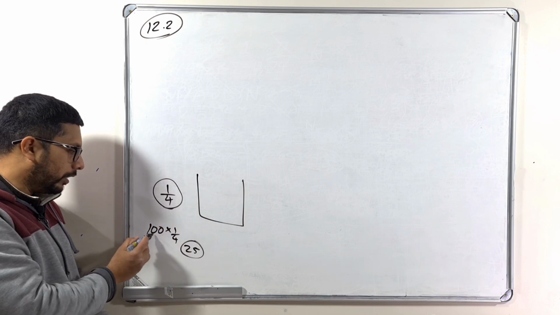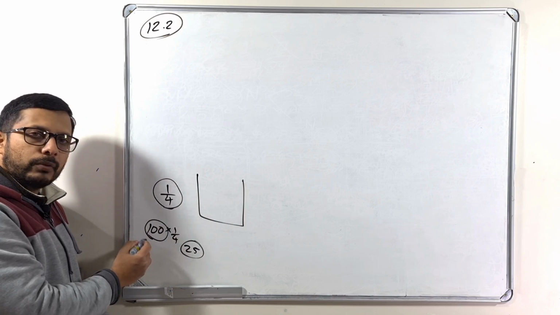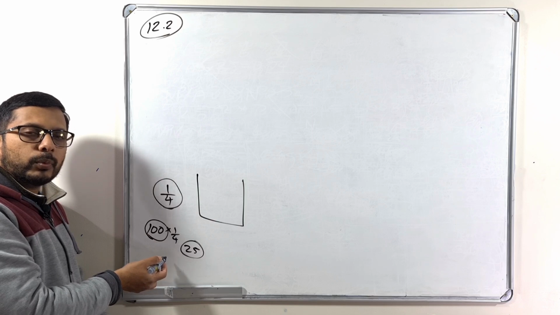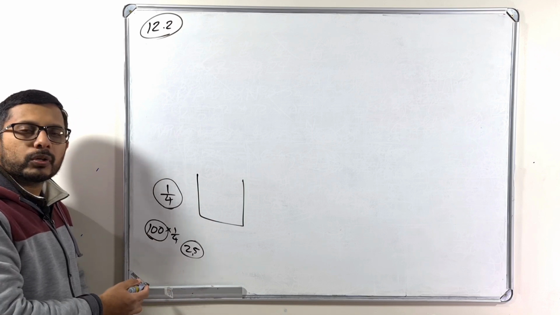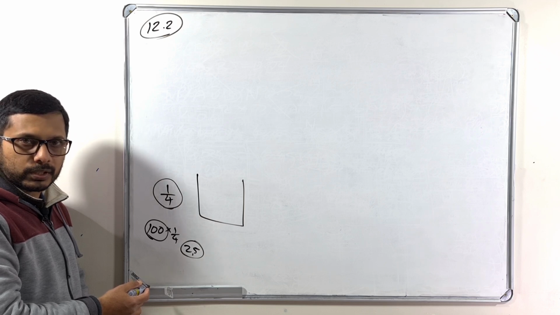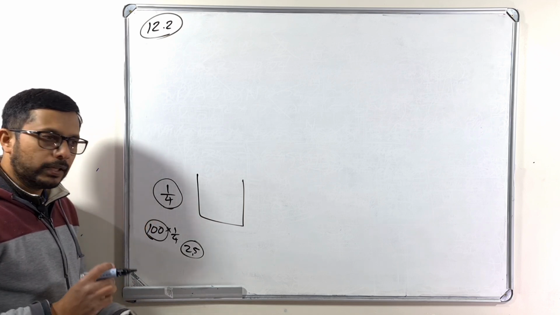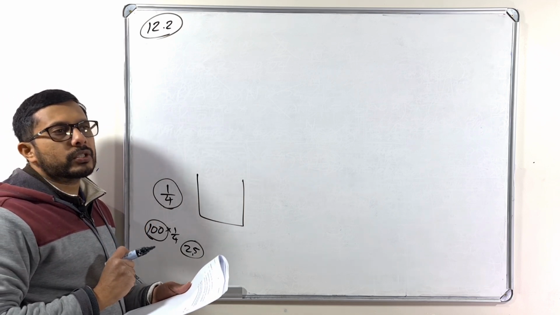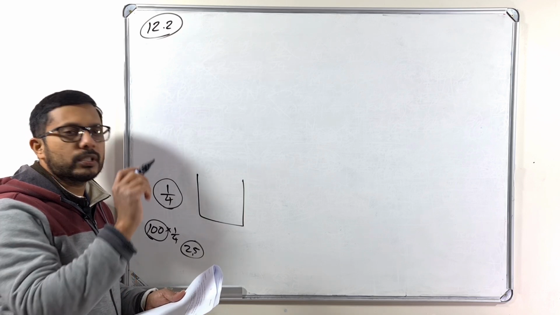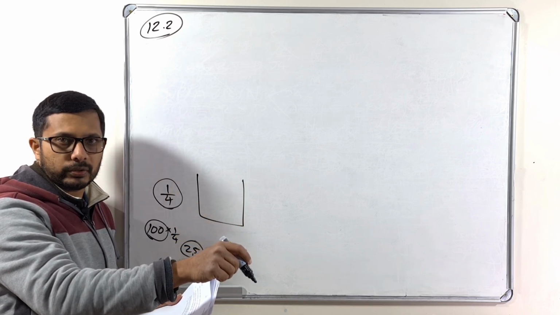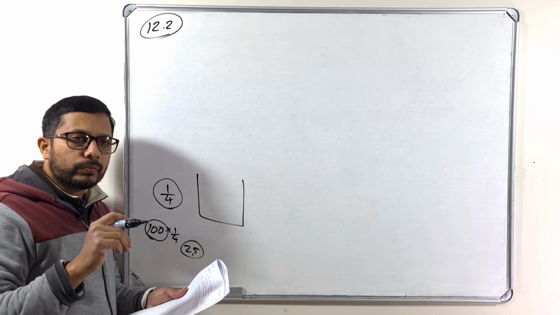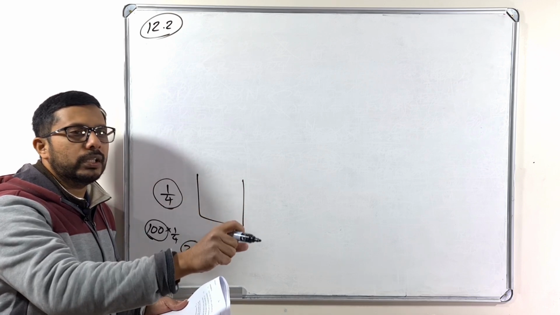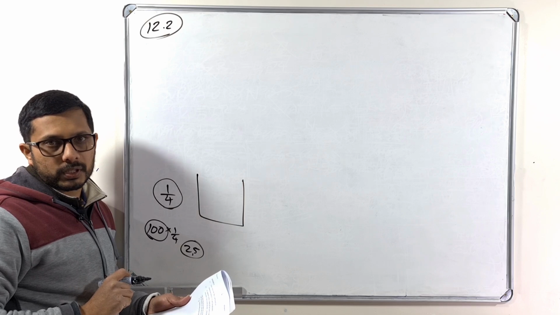If they are giving a total of 100 boxes, 1/4 of the 100 boxes are mystery boxes. That means how many boxes? 25 boxes are mystery boxes. That is the meaning of that sentence. So a certain organization wants to give gifts to grade R students, and 1/4 of the gifts that they are giving are mystery boxes.